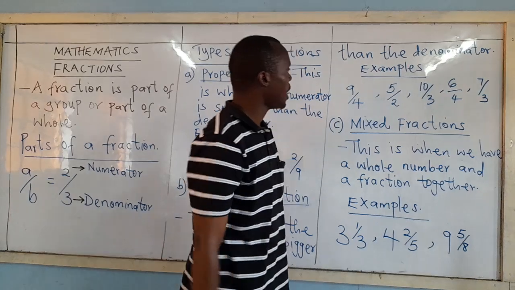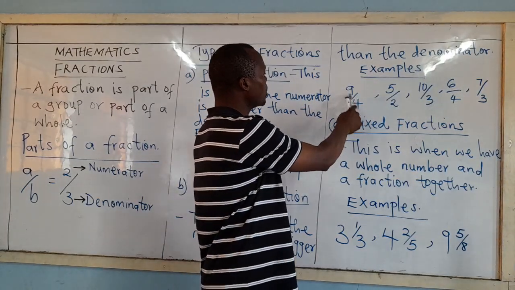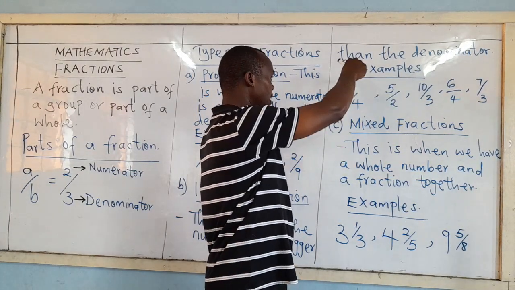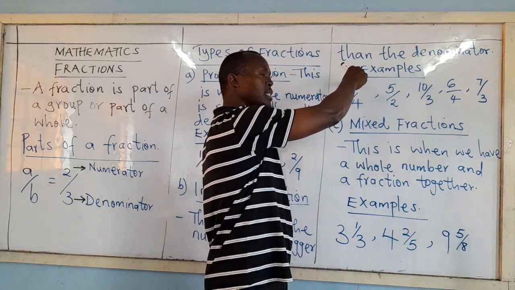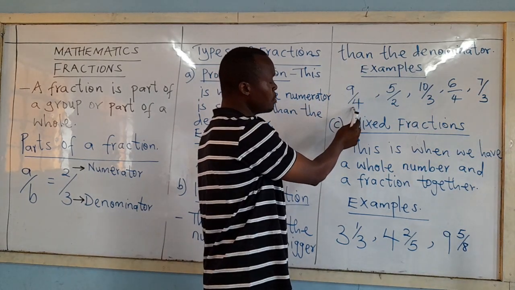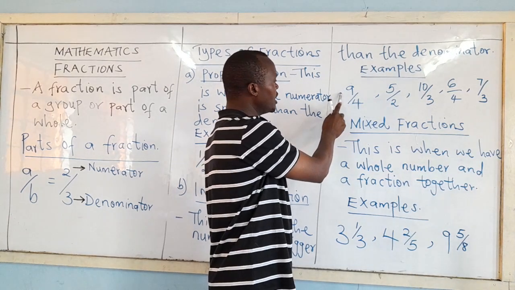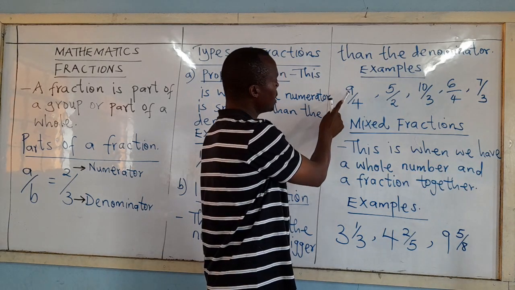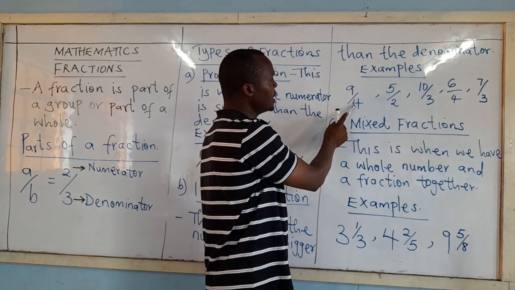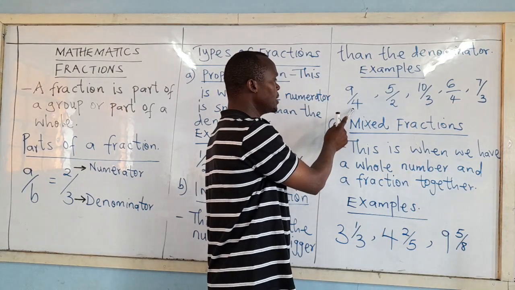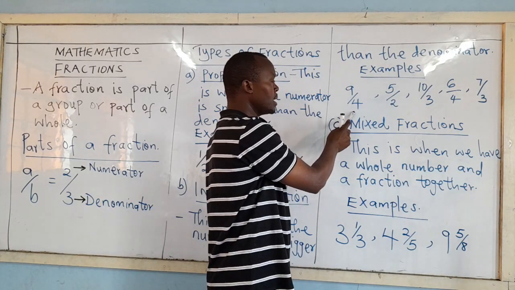Examples here are 9/4. The digit at the top is bigger than the digit at the bottom. The number representing the numerator is bigger than the number representing the denominator. So it makes it improper.